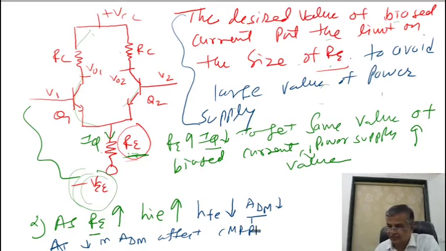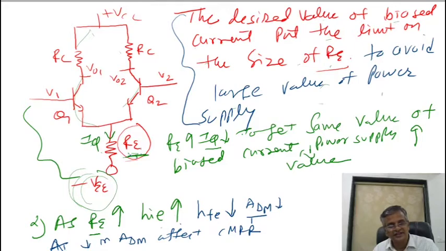Again, look. As RE increases, I am discussing the second problem. First is this. As RE increases, then input resistance hie decreases. Sorry. As RE increases, input resistance hie increases. As input resistance increases, current gain decreases. You know the formula.